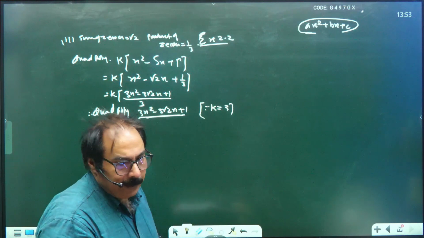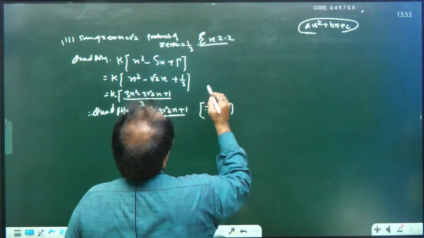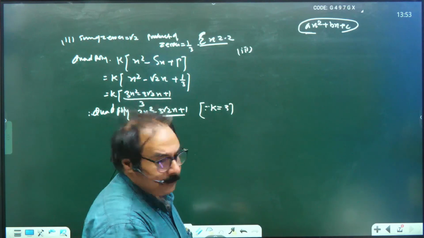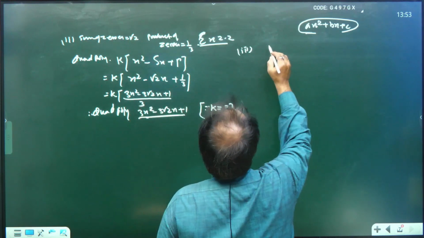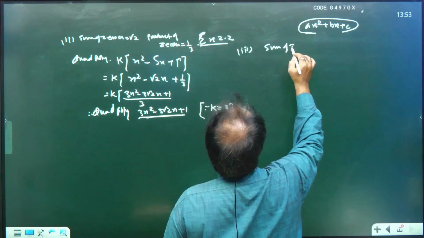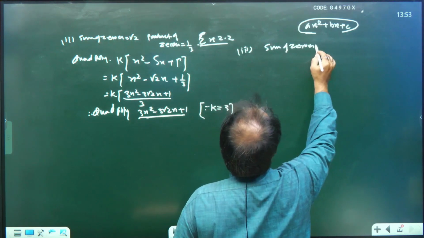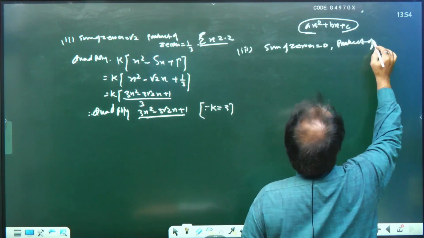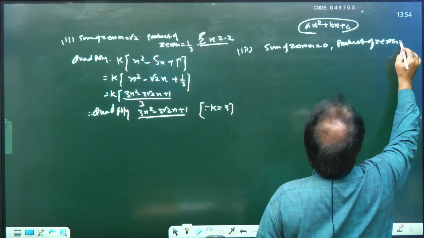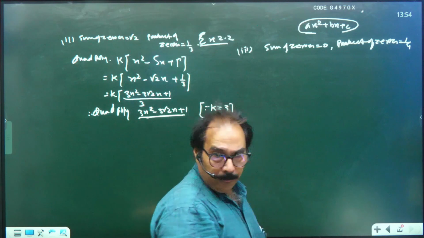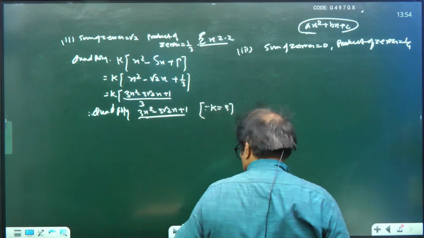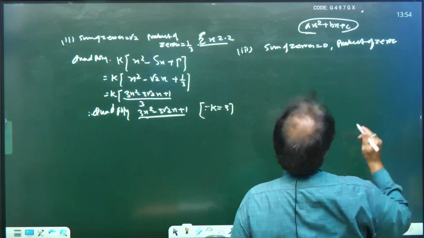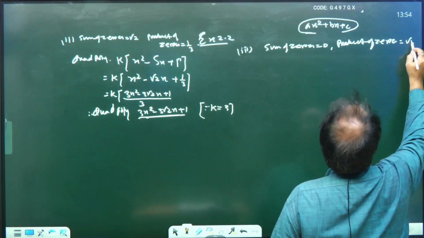Then I am taking the third part of this question. The sum of zeros is given 0, and the product of zeros is given root 5.